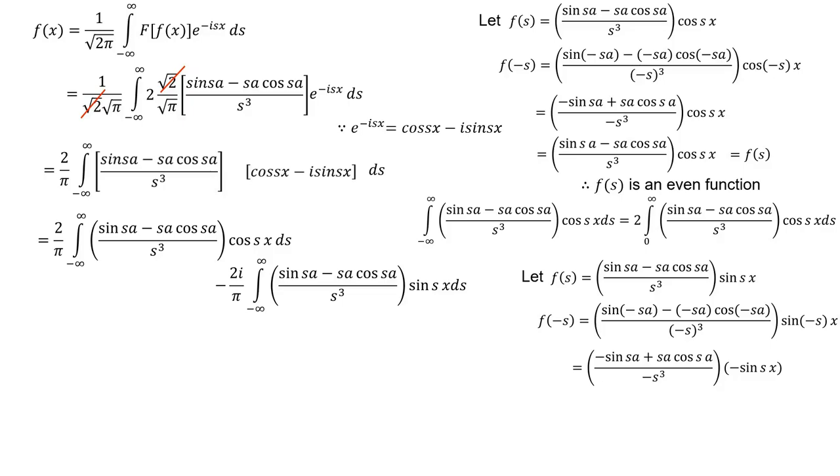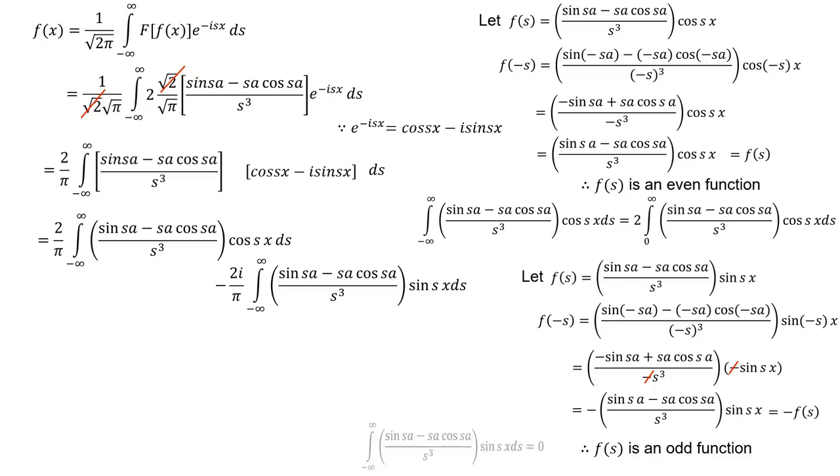Here the denominator minus and the minus from sin of minus sx get cancelled, and taking minus outside from this bracket, we get minus into (sin sa minus sa cos sa) by s cube into sin sx. This is nothing but minus f of s. Therefore we get f of s is an odd function.